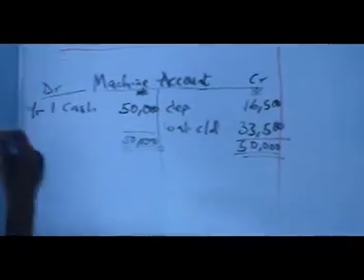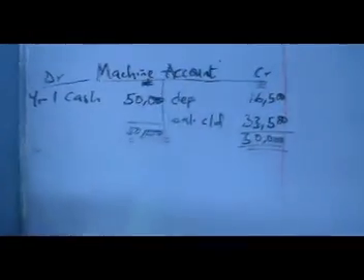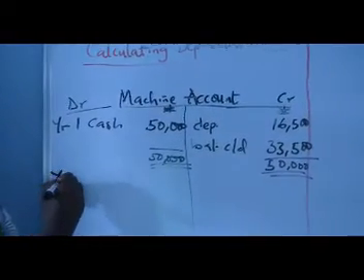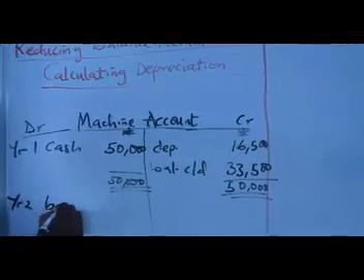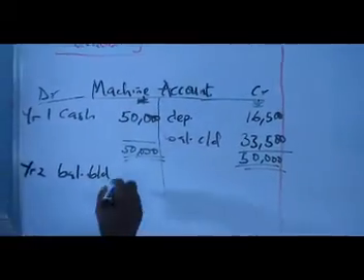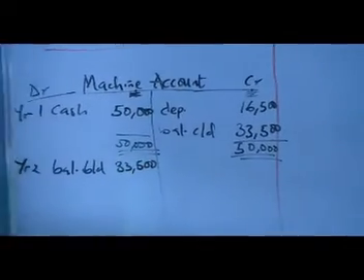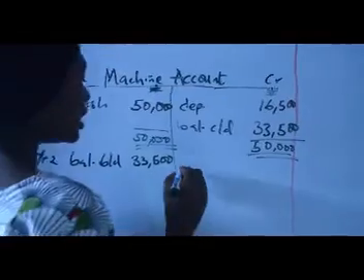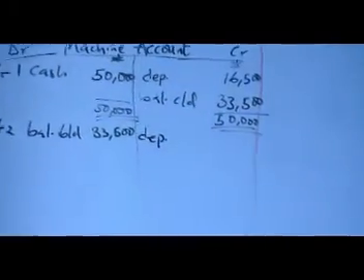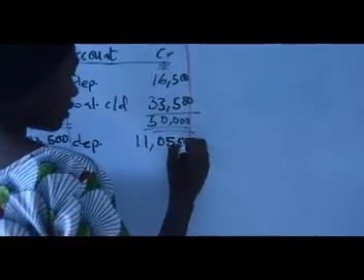Now for our second year, we'll be having our balance brought down, which is our carry down from the previous year, which is 33,500 naira. And then we're also charging our depreciation for this year, which as we calculated was 11,055 naira.